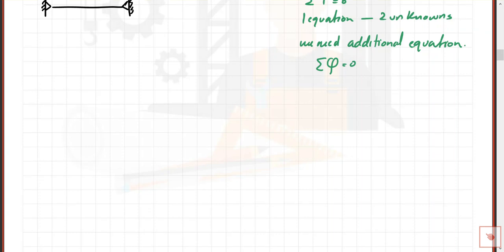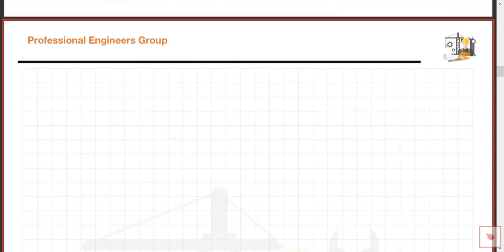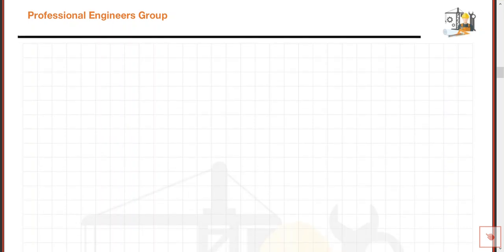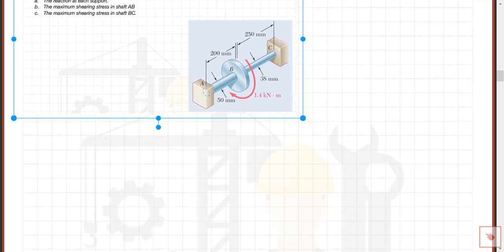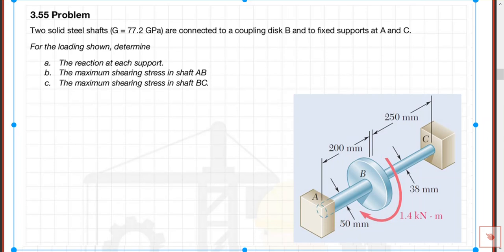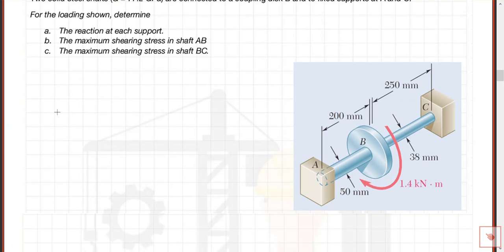Let's see an example and explain on the example. We will follow the same steps we followed in lecture 5. Two solid steel shafts, G 77.2, are connected to a coupling disc B and to a fixed support at A and C. If I want to draw this member, I draw it like this.